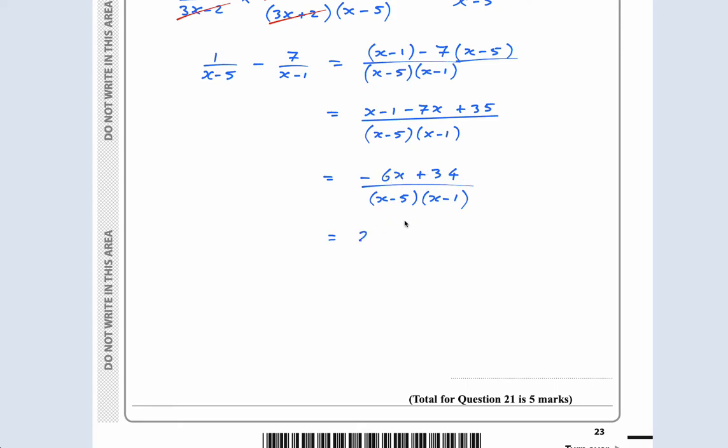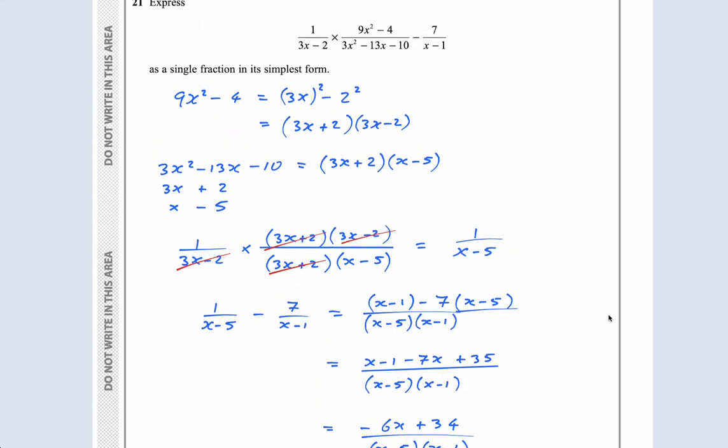I take out 2 and I get minus 3x plus 17 over x minus 5 times x minus 1. And if you want to make it look a little better, instead of minus 3x plus 17, we do 17 minus 3x all over x minus 5 times x minus 1. Okay, that is question 21.